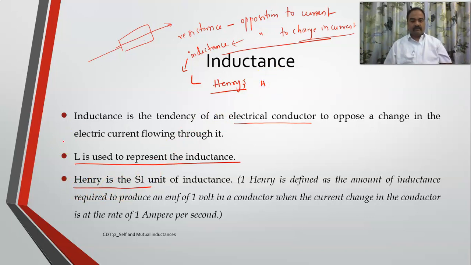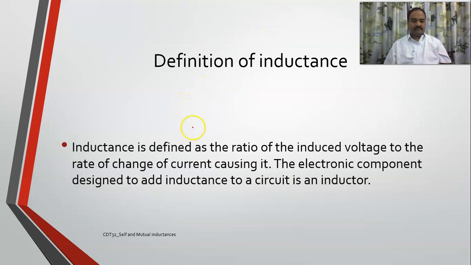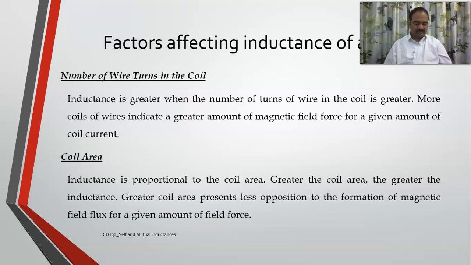Now, the equation. Inductance is defined as the ratio of induced voltage to the rate of change of current causing it. The electronic component designed to add inductance to a circuit is called an inductor. You might be seeing inductors in your laboratories also.